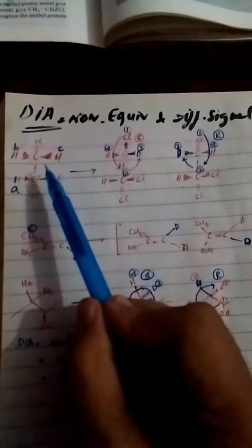Whenever either the C or B proton is replaced, like C here replaced by D, a higher isotope of H, which is actually deuterium, sorry.